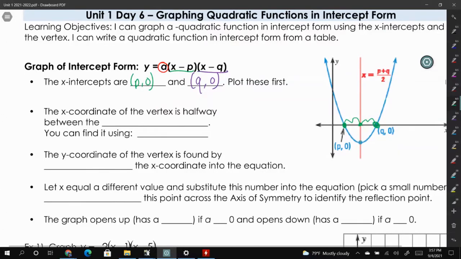So you will need to know the x-coordinate of the vertex is halfway between the x-intercepts. You could use the formula p plus q over 2. That will give you the x-coordinate of it.